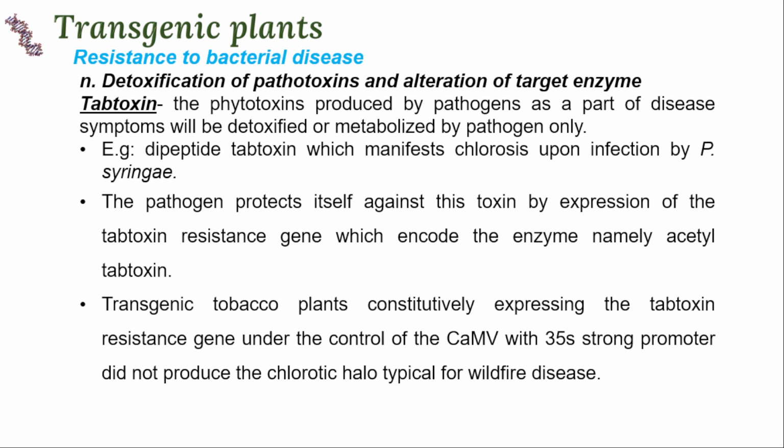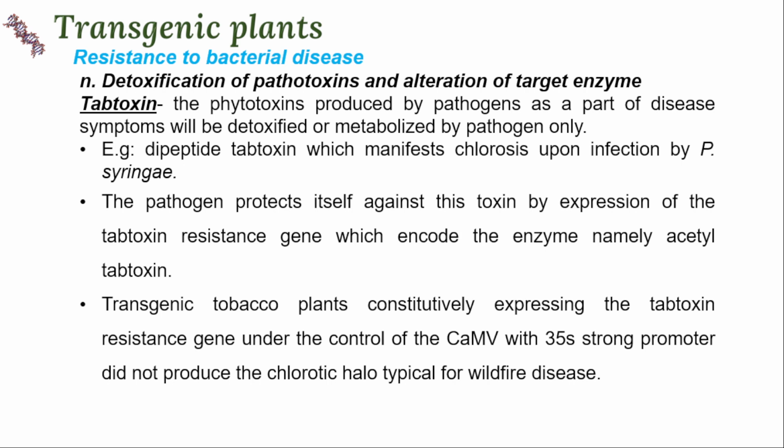Whenever this tabtoxin is produced, this toxin is dangerous for the plant, but it is not dangerous for the bacteria itself. Why? Because in bacteria there is a neutralizing mechanism that will neutralize the toxicity of tabtoxin. So whenever some compounds of this mechanism are introduced in the plant cell, especially in tobacco, these transgenic tobacco plants will have resistance to the same pathogen.